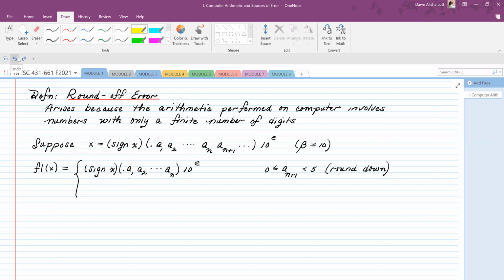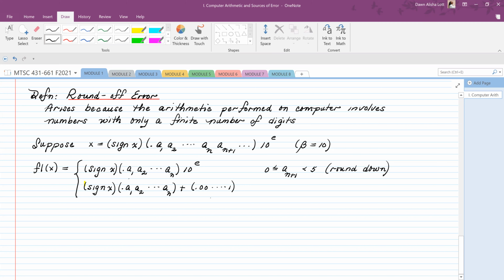Okay, so it will round down if the next number is between 0 and 5, or it's going to take the sine of x. It's going to take this number and then it's going to add to it 0, 0, all the way up to a 1.